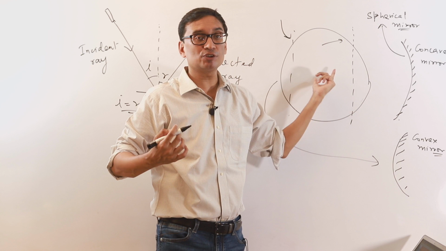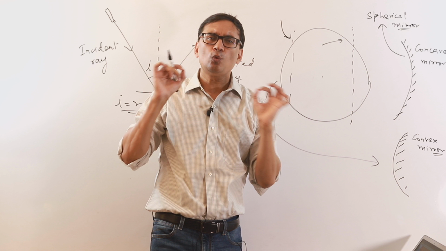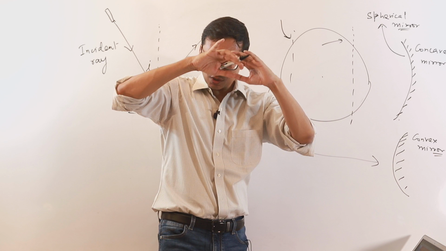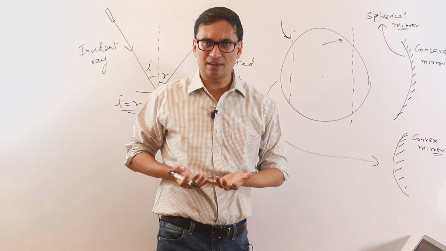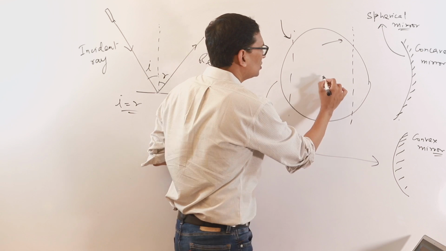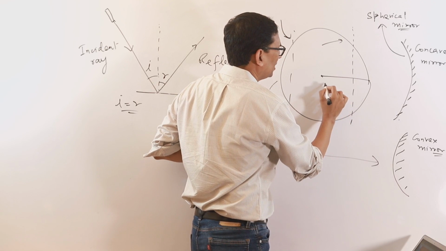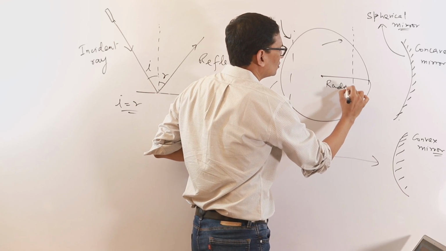And how do we define a sphere? What is one number which tells you what the sphere looks like? That is its radius, right? So this sphere, this distance from the center to this point, this is the radius.